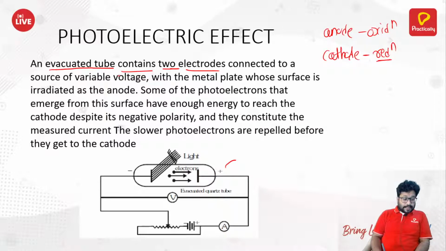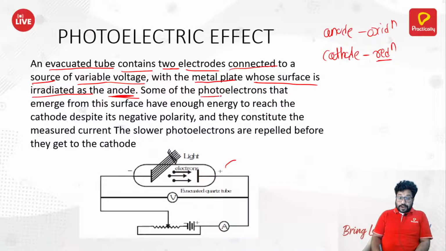This evacuated tube contains two electrodes connected to a source of variable voltage, with the metal plate whose surface is irradiated as the anode.